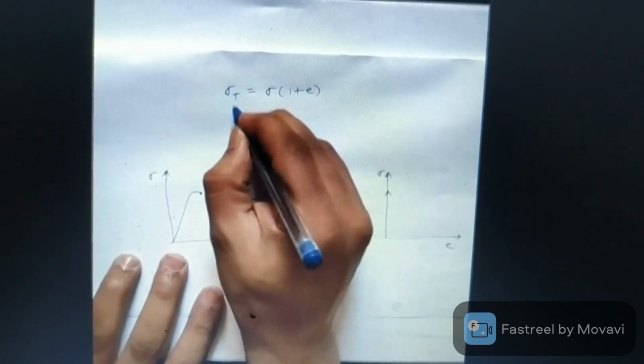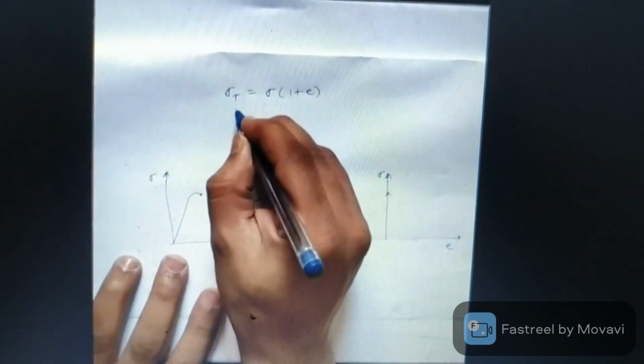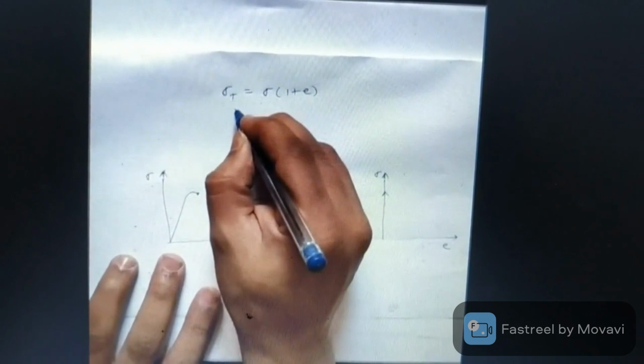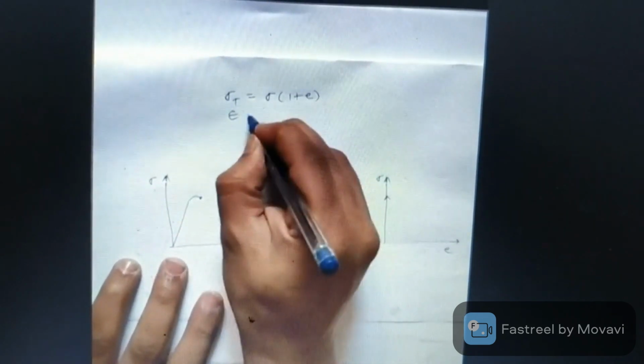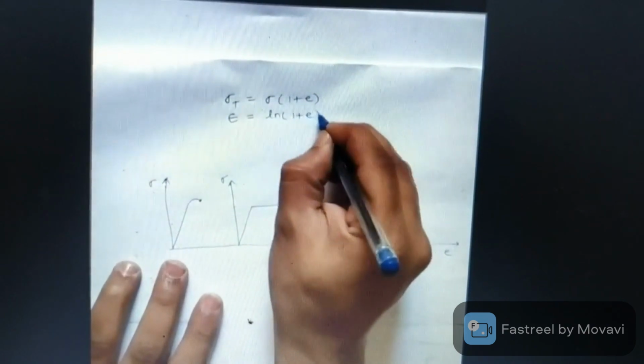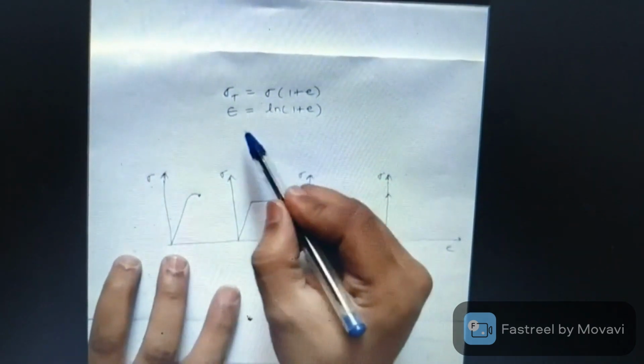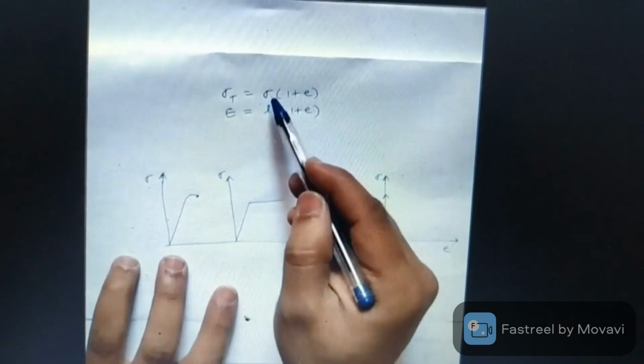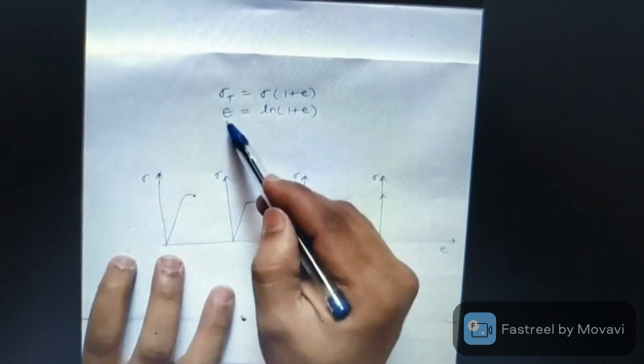Likewise, the true strain, denoted by epsilon, is log of 1 plus e. This is the relation between true stress and engineering stress, and true strain and engineering strain.